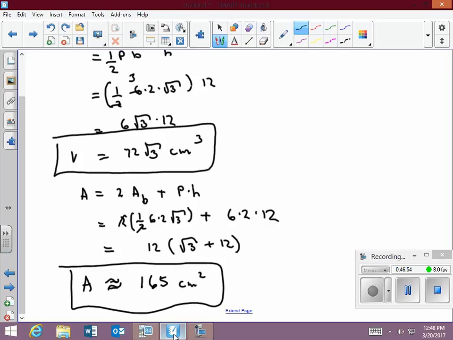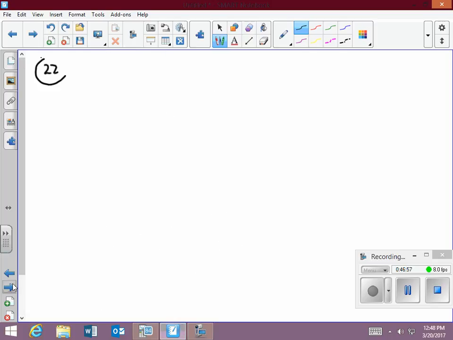Okay, we'll do one more and then we'll quit. 22. It says, how does the volume of a sphere change if its radius is doubled? So the volume is 4/3 pi r cubed. So this is the volume. Now if you double the radius, volume 2 is going to be 4/3 pi and then 2r cubed.